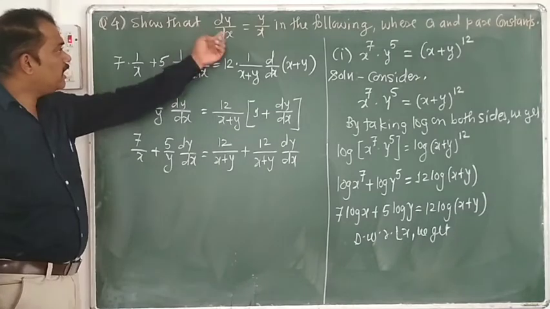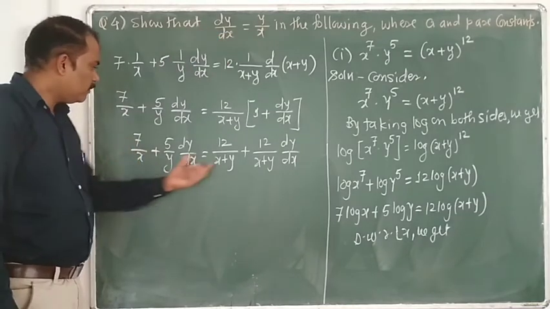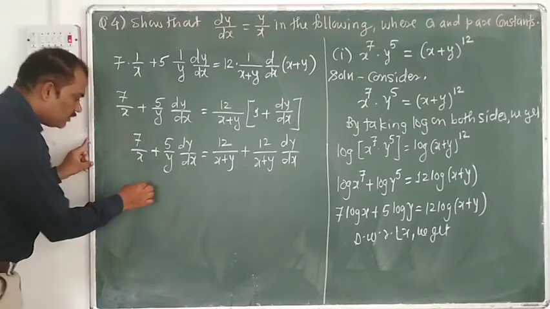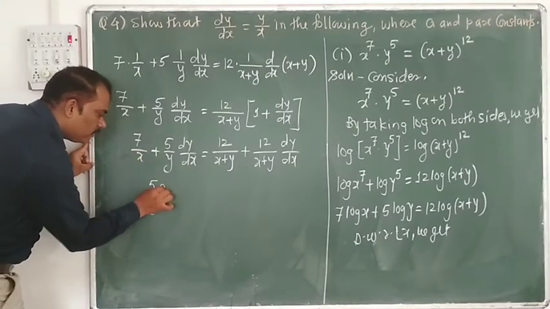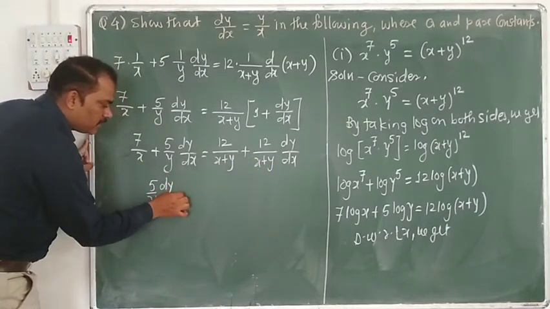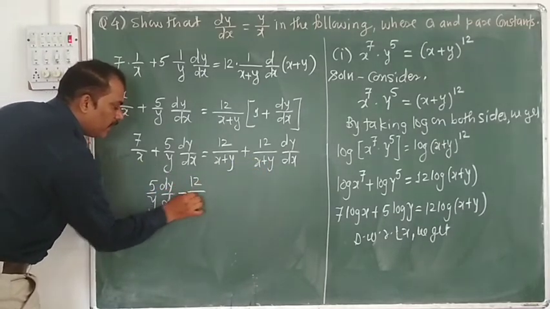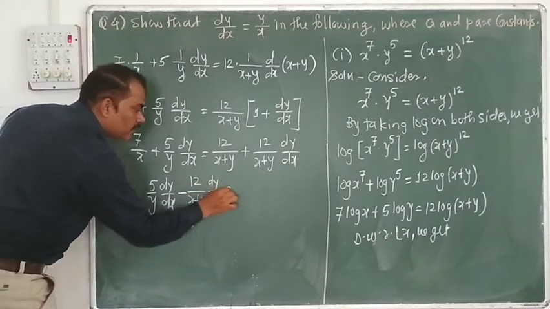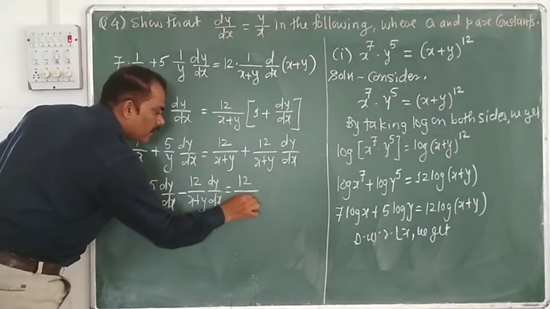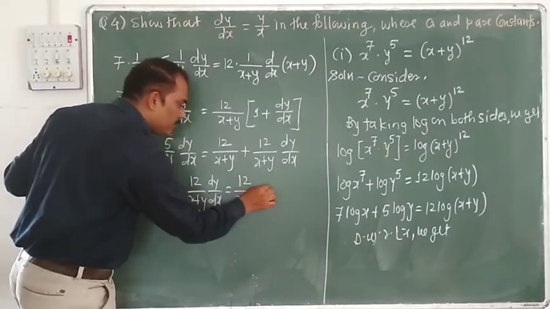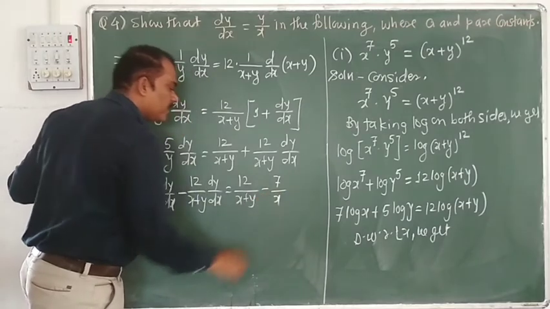What we have to show is dy by dx, so we collect the terms which contain dy by dx on the LHS. The term 12 divided by x plus y into dy by dx, when transferred to the left side, becomes minus 12 divided by x plus y dy by dx. Also we transfer the term 7 divided by x to the right side, so minus 7 divided by x.